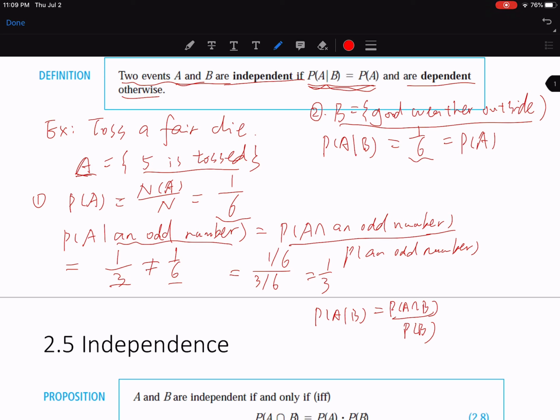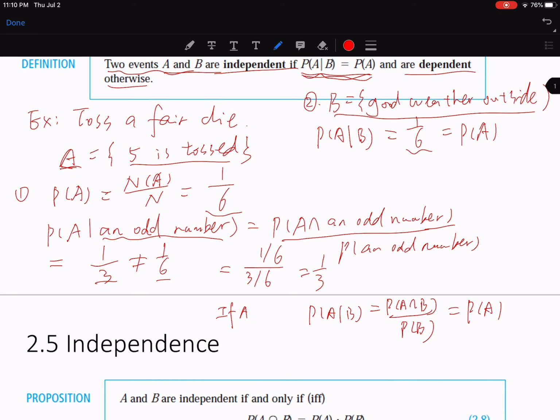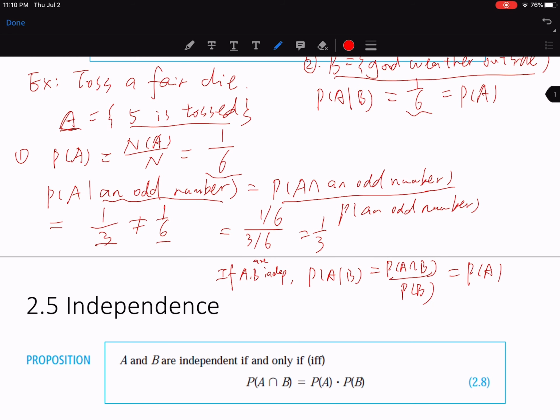And if A and B are independent, we have that the probability of A given B is equal to the probability of A. This one is coming from the conditional probability, and this one is coming from the definition of independence. Now, if we multiply the probability of B on both sides of the equation, we're going to have the probability of A intersection B is equal to the probability of A times the probability of B.